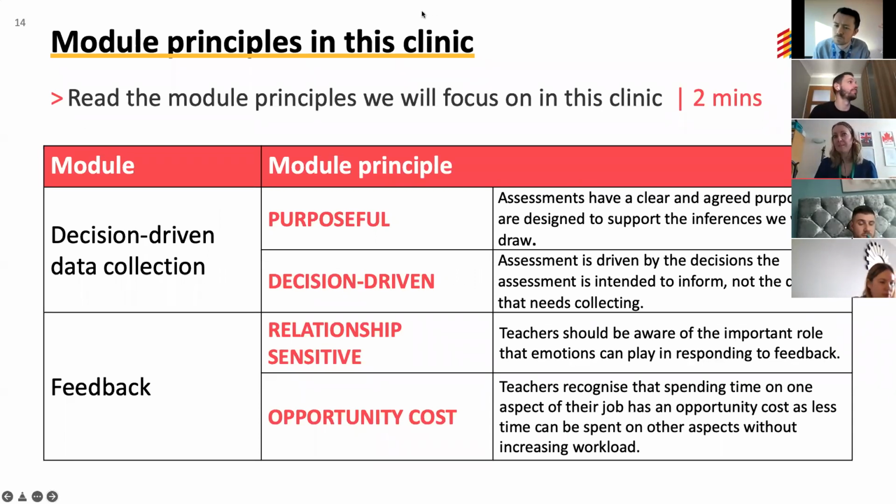And then for feedback, we're going to particularly look at relationship sensitive and opportunity cost. So what we're going to be doing now, we're going to do an I do section, which will then allow us to have a look at these in that little bit more depth and see some ideas of how it might be applied. So I'm going to be handing over to Jay now, who will start to take us through that I do section.